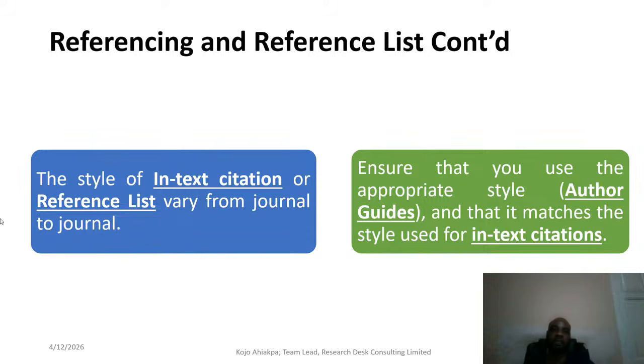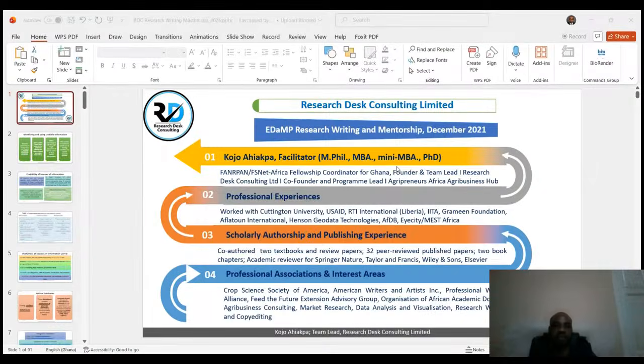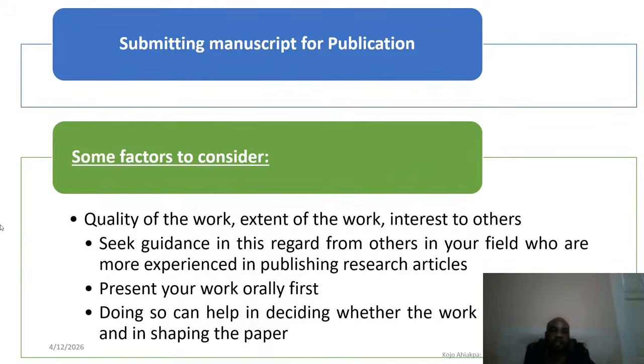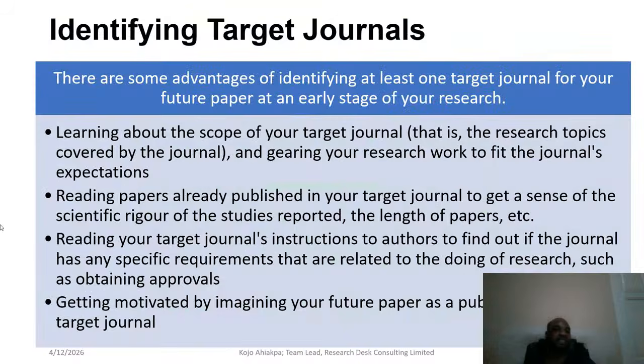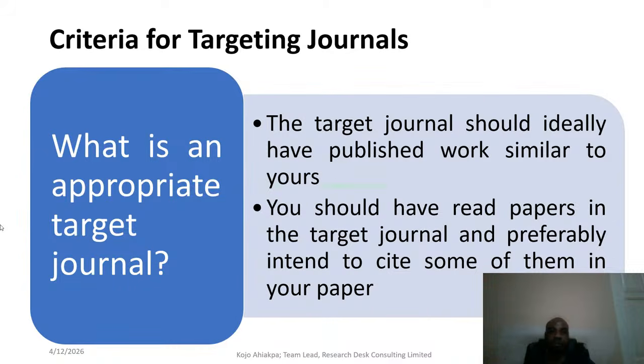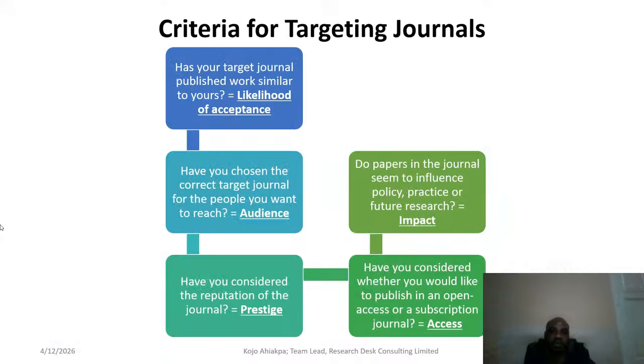Yeah, so I think this is the end of drafting your manuscript for publication. So once the draft is done, we've defined all these already. Your target journal has been identified. You've drafted your manuscript. Have somebody read through it for you. It could be your supervisor, or it could be your senior colleague in the field.